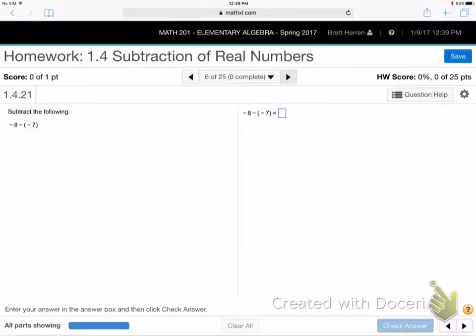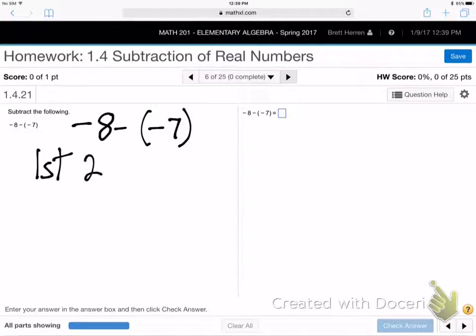All right, so there it is. So it's negative 8 minus negative 7. All right, so the first step, the two negatives become positive, right?